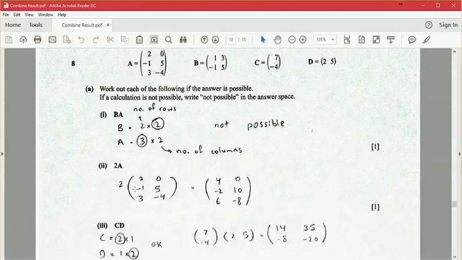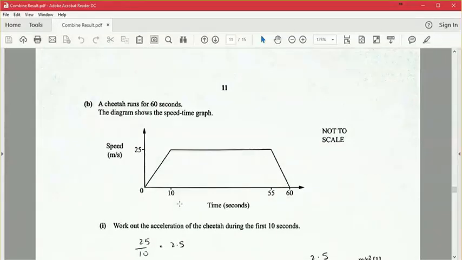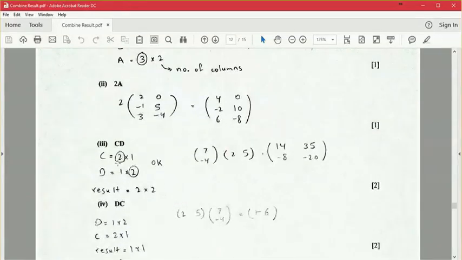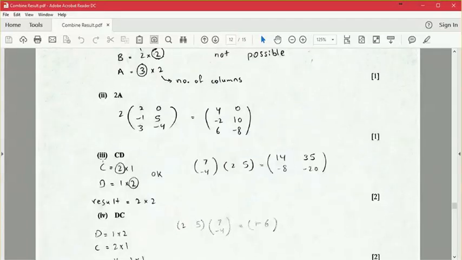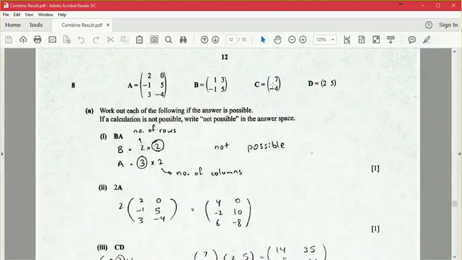For 2A, it's only a number times a matrix, so it's easy. We'll only multiply each number here in the matrix by 2. For CD, for C we have 2 rows and 1 column, and D we have 1 row and 2 columns.